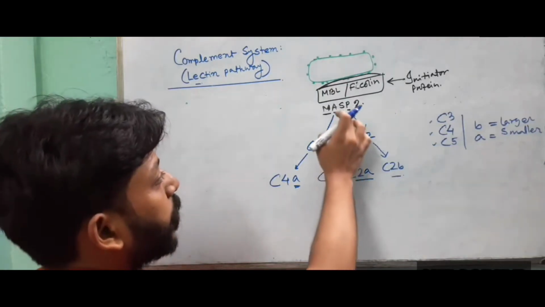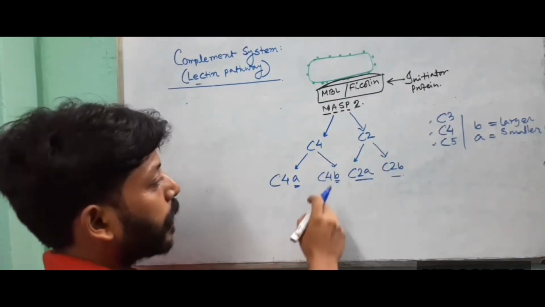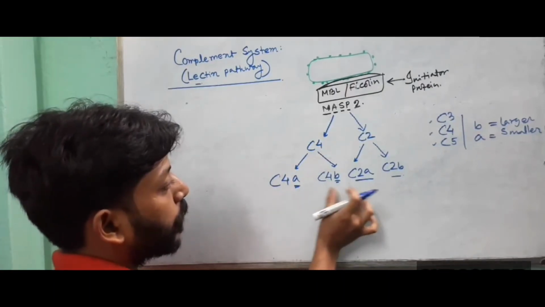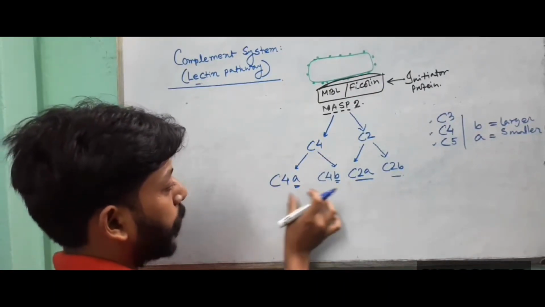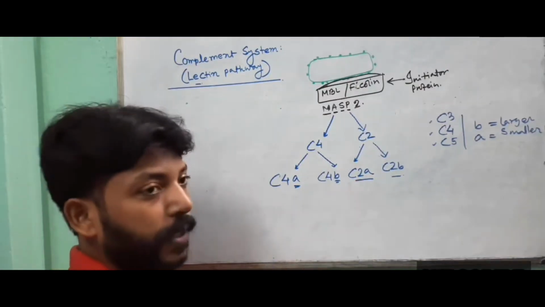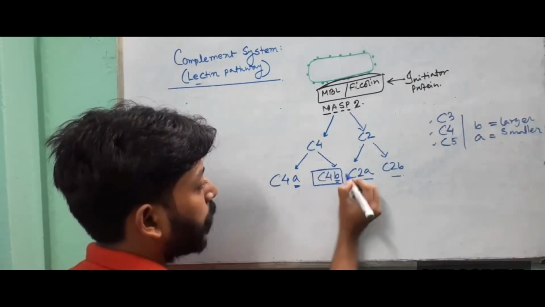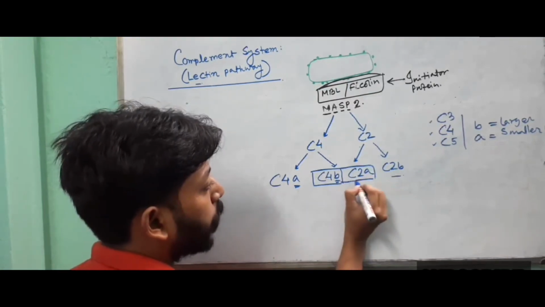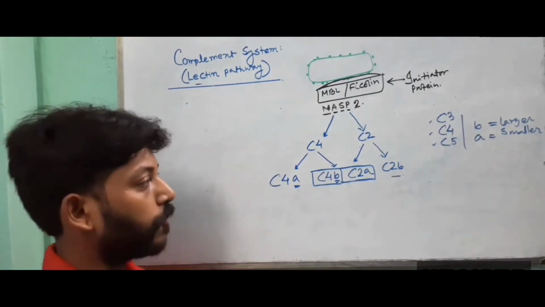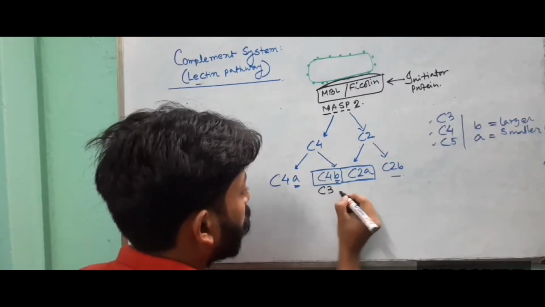So what happens when MASP2 cleaves the C4 and C2 molecules? They are cleaved into 4 fragments: C4a, C4b, C2a, C2b. Now, the larger fragments C4b and C2a join each other and form an enzyme called C3 convertase.